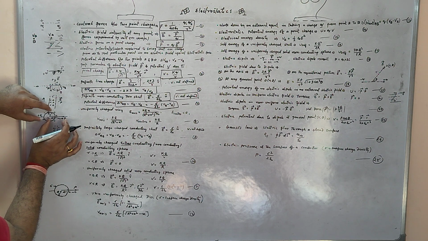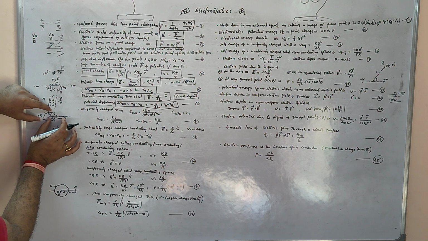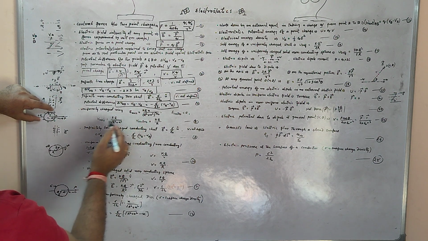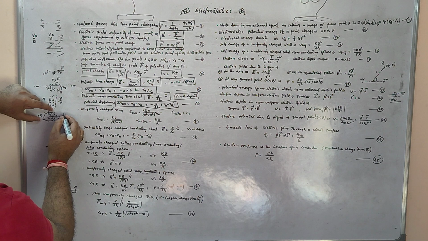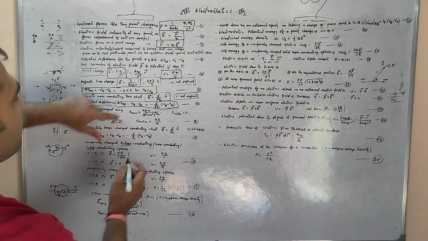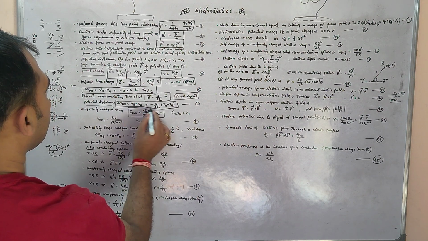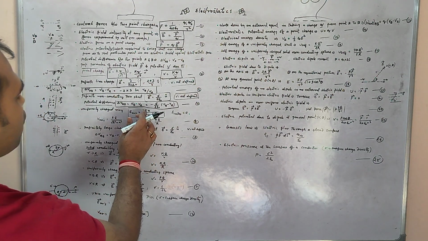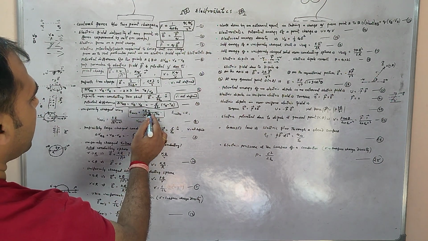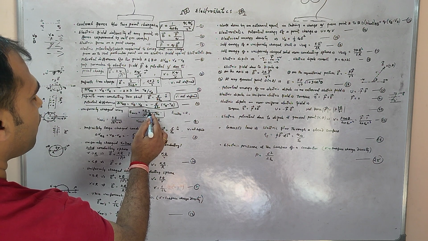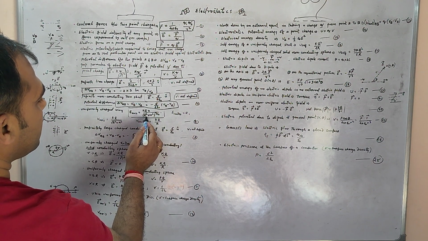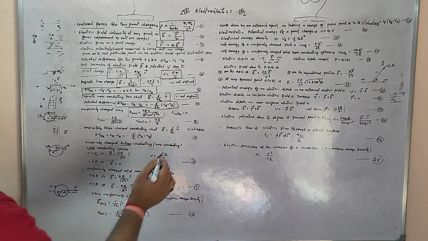So if there is any point at distance X from the center, then the electric field at this point can be given by this formula. E axis will be equal to KQX over (R square plus X square) to the power 3 by 2. Q is the net charge on the ring, X is the distance of that particular point on the axis from the center, R is the radius of the ring.